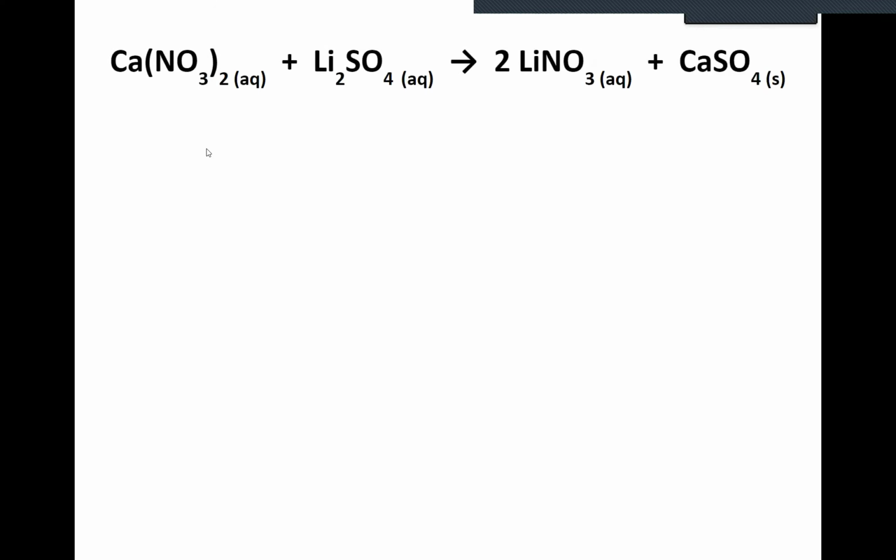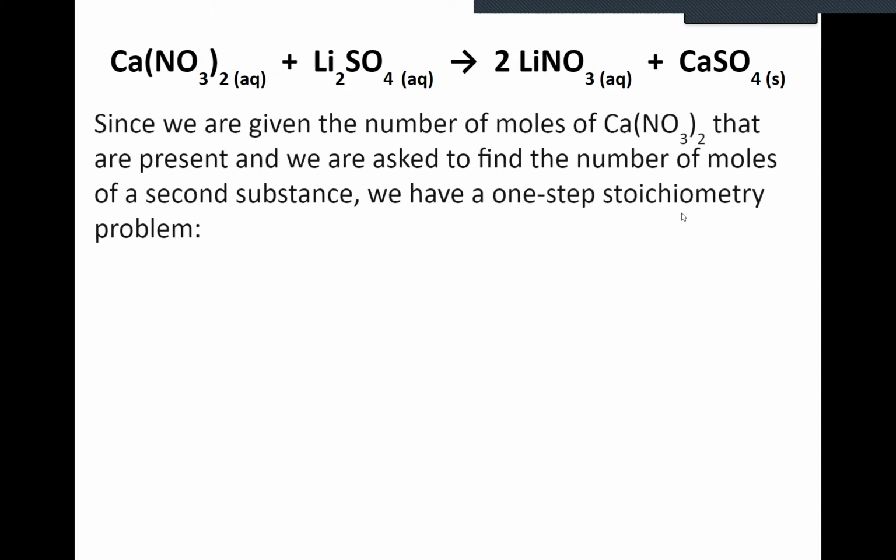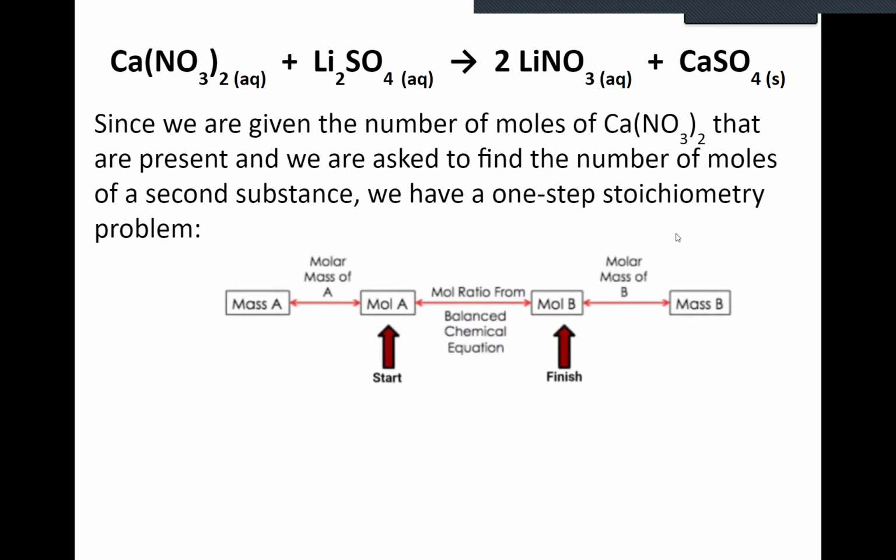Part B, if the calcium nitrate reacts along with excess of the other reactant, how many moles of calcium sulfate are expected to be produced? Well, in the balanced equation, there's an implied coefficient of 1 for calcium nitrate and also an implied coefficient of 1 for calcium sulfate. We know that there's 0.8 moles of calcium nitrate. We're going to do a one-step stoichiometry problem.